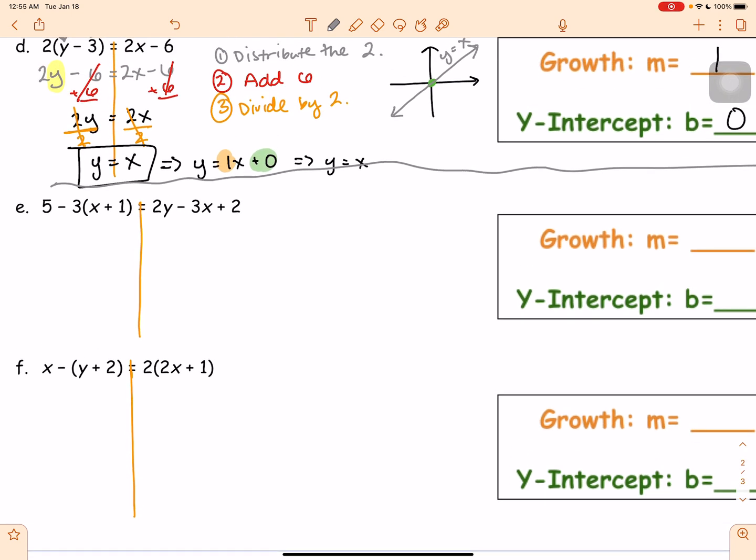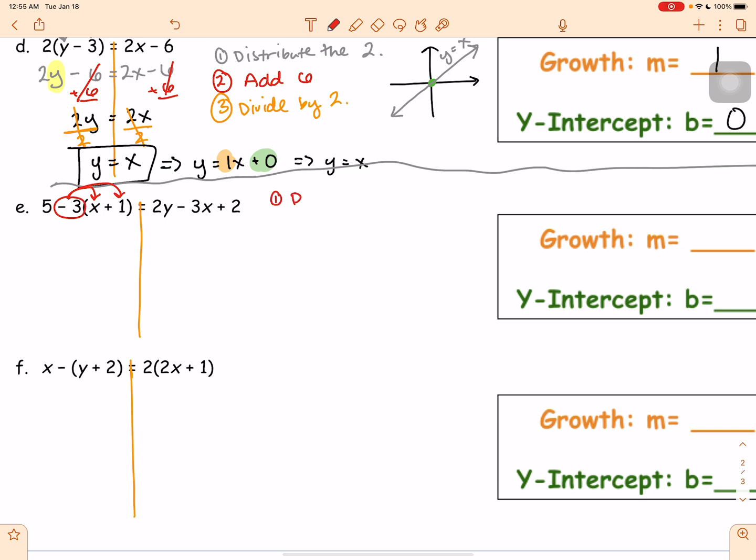All right, 2 more left. Looks like I'm doing all of them. Okay. So here I want you to pause and just think, okay, what do I have to do first? I would take care of the multiplication, right? So this negative 3, we want to distribute that. And it is the whole negative 3, right? Not just 3. There's a negative there.